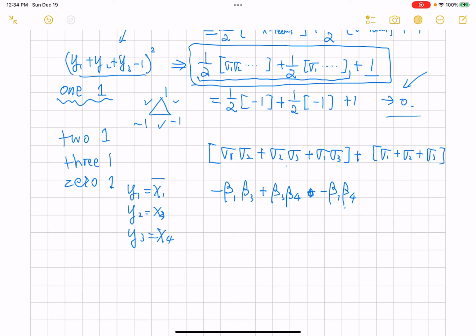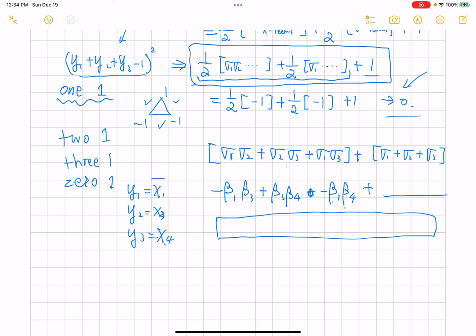Beta 4 is the spin version of x4, beta 1 is the spin form of x1, and so on and so forth. And you can complete this, right? So this is one triangle. If you have one triangle, you have a term like that.